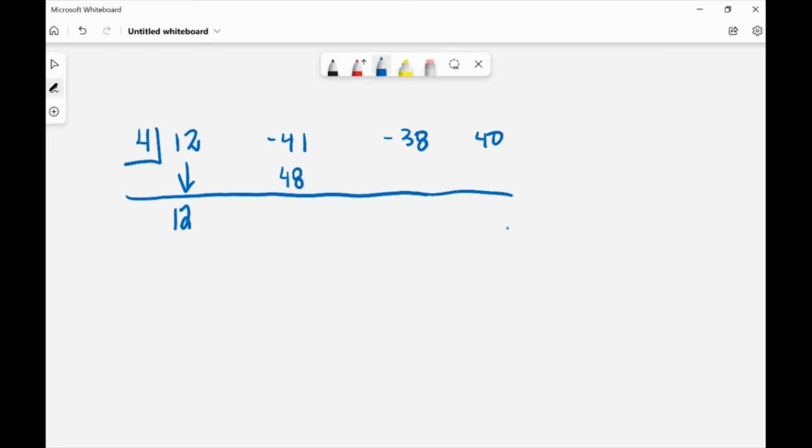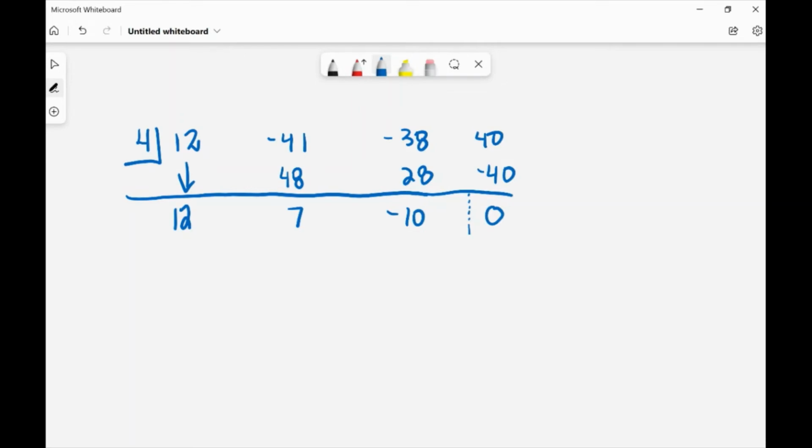Next. 7. Next. 28. Next. Negative 10. Yep. Next. Negative 40. And 0.